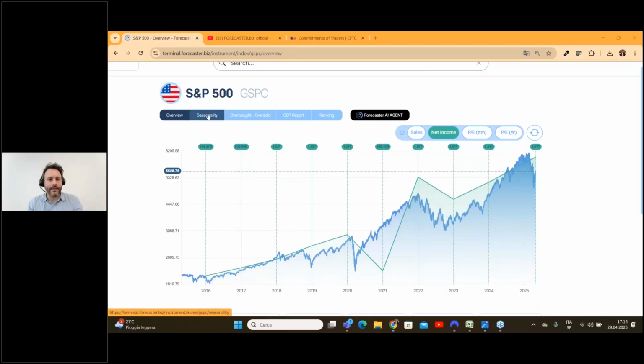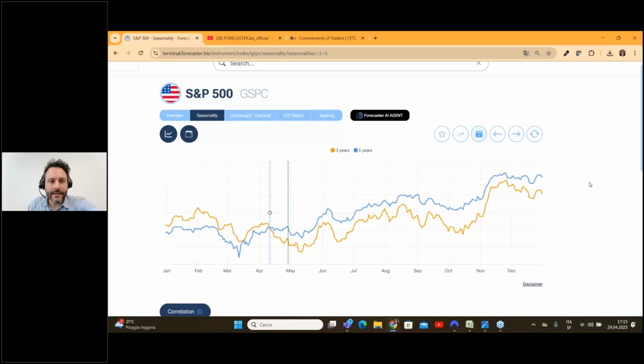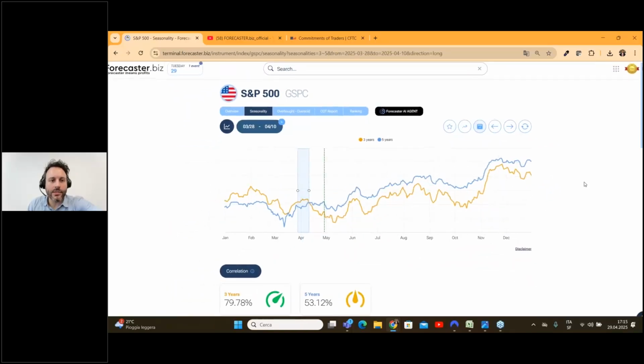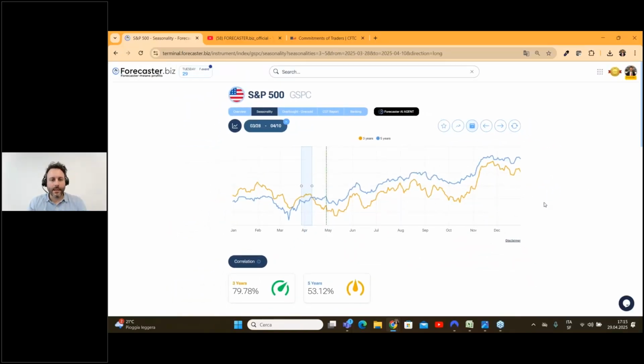The next one is seasonality, and this is one of the most important layers inside the forecaster. It was also the first layer we had inside the forecaster when we started it 2 years ago.